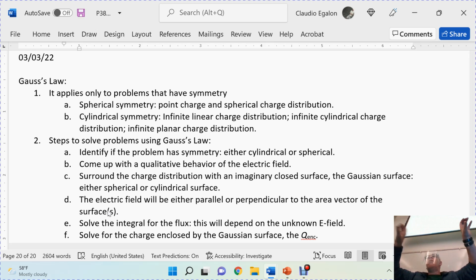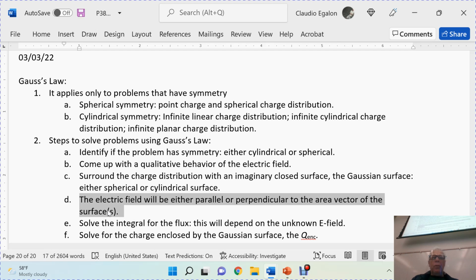Like the cylindrical surface, we have a closed cylinder, right? You're going to have the cylindrical surface here, and you have the two caps. In this case, your cylinder is made up of three open surfaces. Solve the integral for the flux. That should be easy if you have just fields that are either parallel or perpendicular to the area vector.